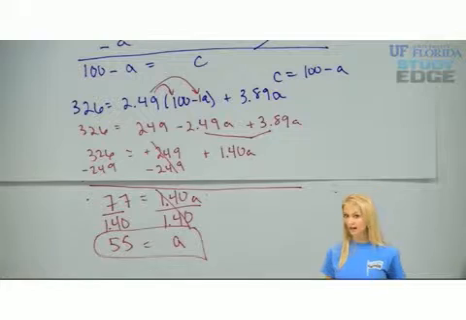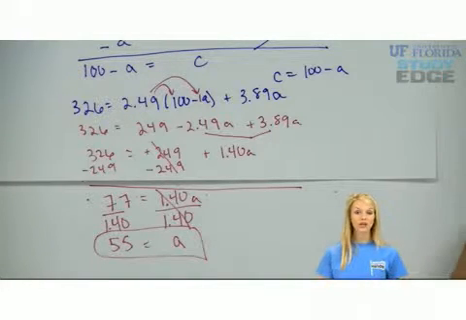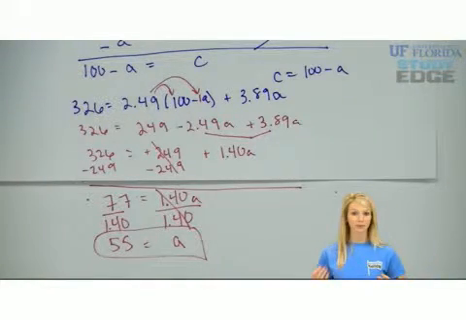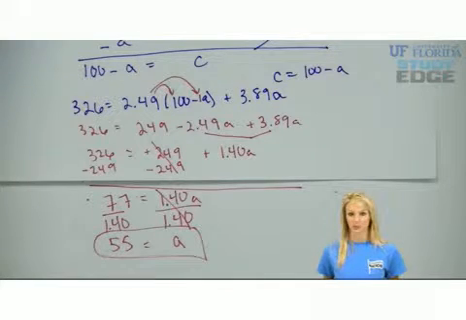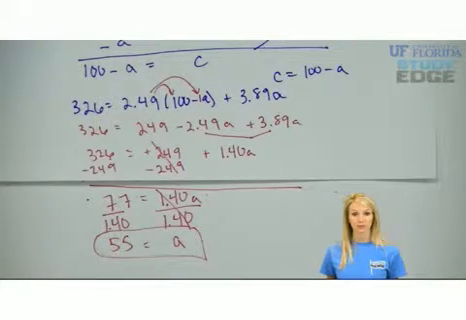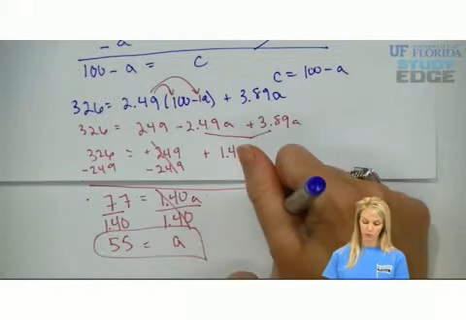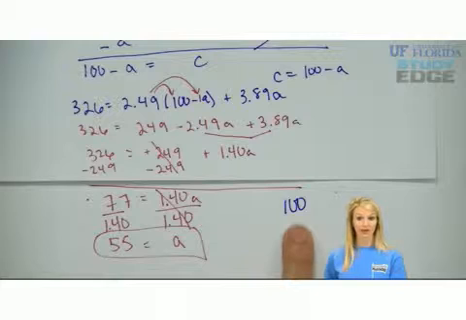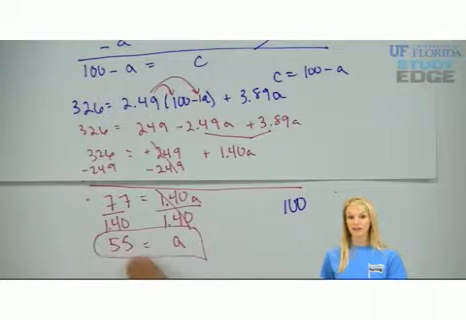Well, how many pounds of cashews do we have? Remember that the total number of pounds of nuts, so almonds plus cashews, that total number of pounds is 100. Well, if 55 of those pounds are almonds, then the rest are cashews. So if 100 total pounds of nuts, and we know that 55 pounds of it are almonds, what's left?